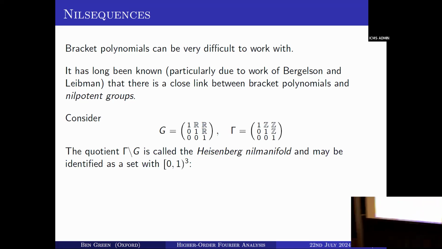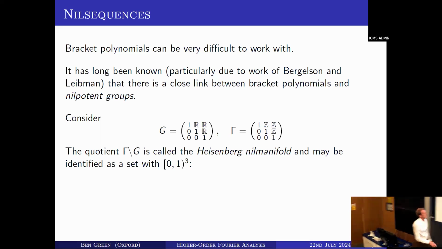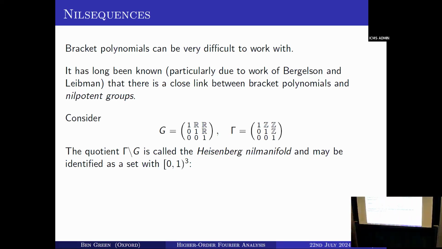So the quotient of the first one by the second one is called the Heisenberg nilmanifold, a three-dimensional manifold that could be identified, well, basically with a cube with some identifications.